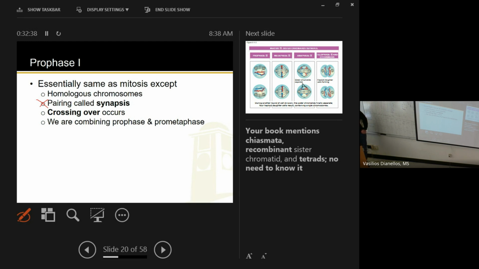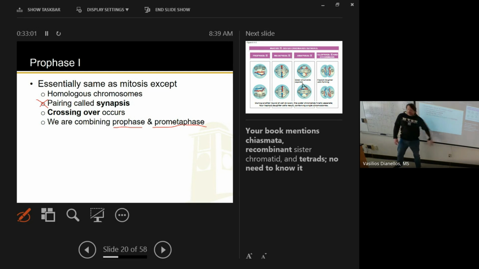Once again, I want to remind you, I'm teaching from the old textbook with this because I'm making it easier. Your textbook technically breaks it down to prophase and prometaphase. But as far as I'm concerned, these things are the same thing because I'm just trying to make things easier for you. And it's different depending on what source you're looking at. I think for a 100 level class, we should just be prophase, metaphase, anaphase, telophase.